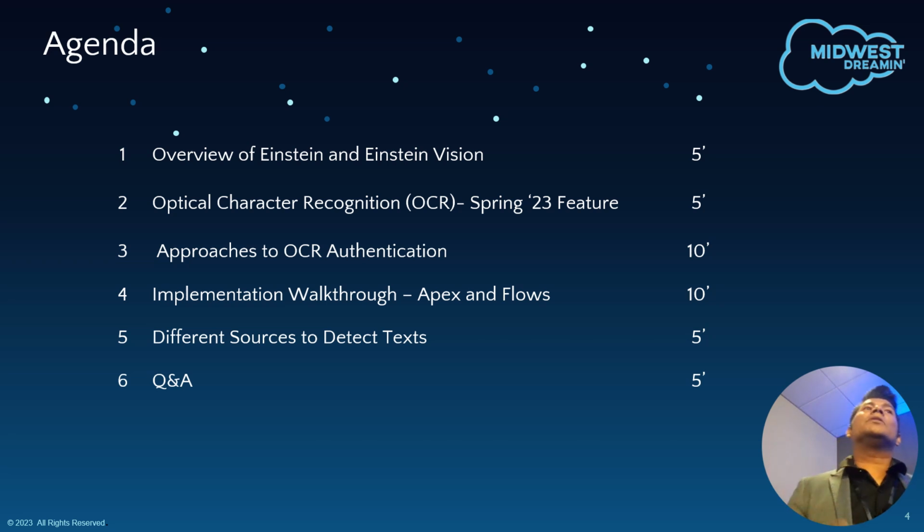I'm going to go through that so that you don't have to browse the internet to figure out what solution you're going to use. Then I'm going to walk through how you can implement it in Apex and then using flows as well. Using flows, I'll try to make it a more no-code version so that you don't need code to get Einstein Vision working. Finally, I'm going to go through some of the different sources from where you can get the text and what Einstein supports. And finally, I'm going to leave some time at the end for Q&A.